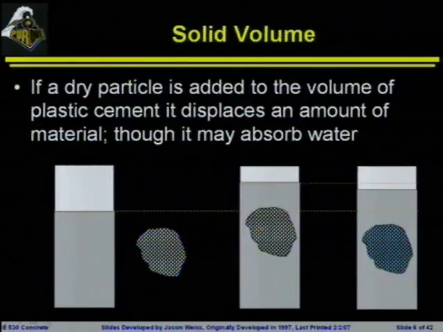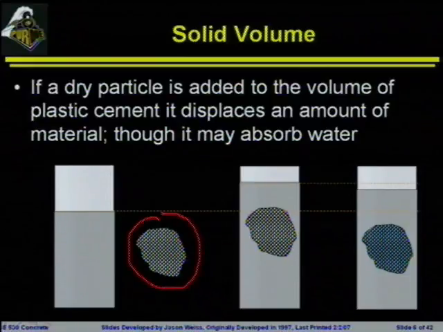Now, the real issue of this can be illustrated pretty quickly here. If we had a dry particle and we were to add it into a cement paste system, we would displace a certain amount of the material. So through the power or lack of animation here, I'm going to take this aggregate, which I've circled, and throw it into a vial that contains cement paste.